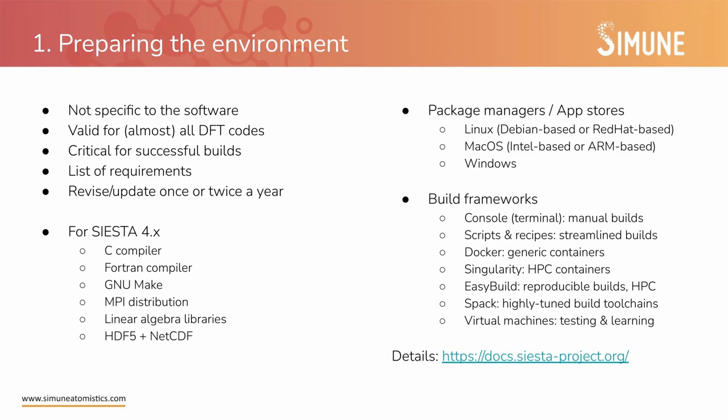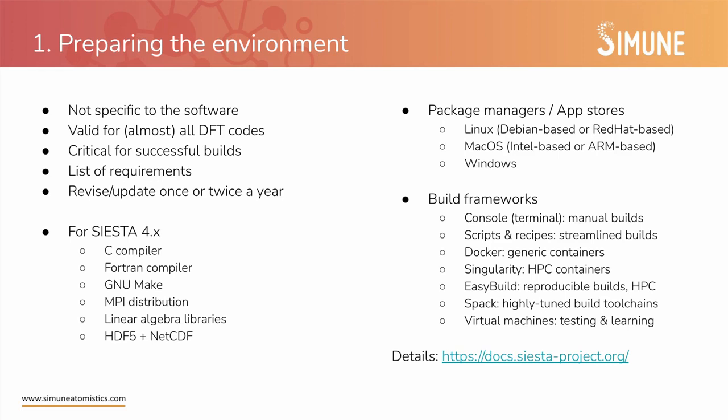There are many ways to install these requirements. On Linux, you will use a package manager. On macOS, you might want to use Homebrew. And on Windows, there will be an ad hoc way of installing things. You can also choose through different build frameworks. So through the console, for manual builds, this is what we will do now.